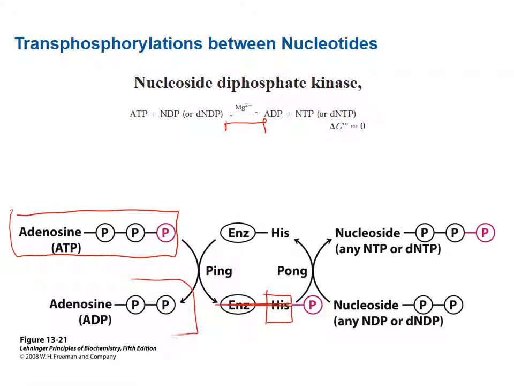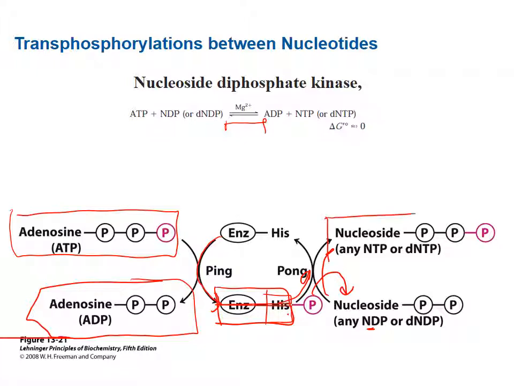This generates ADP and a phosphorylated enzyme. And then this phosphorylated enzyme can release this phosphate to nucleoside diphosphate, forming the nucleoside triphosphates, which are ready to go do their job, like being incorporated into DNA.